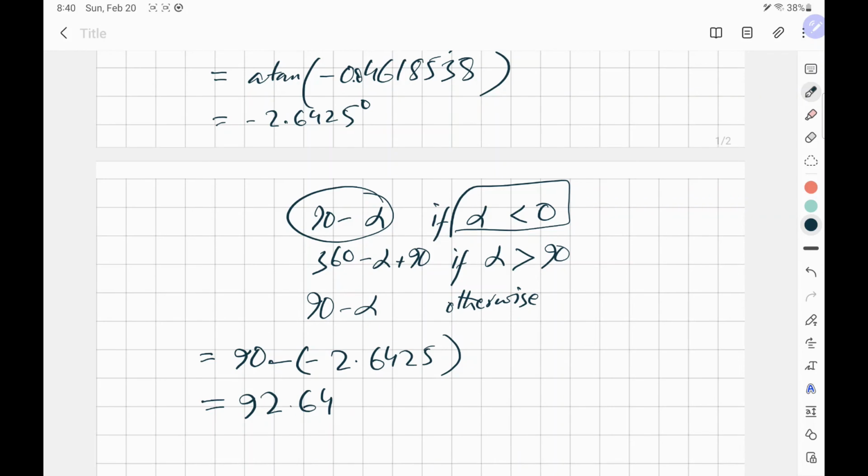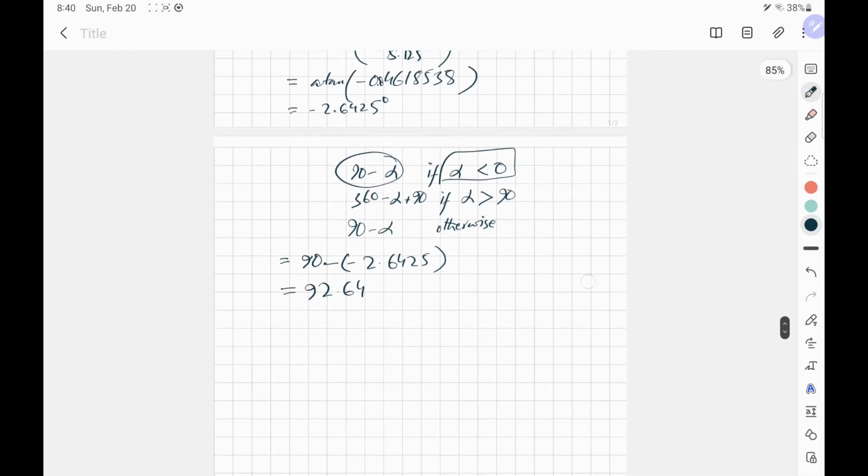So this is the aspect, and of which cell will this be the aspect? This will be the aspect of the middle cell. It will be 92.64.